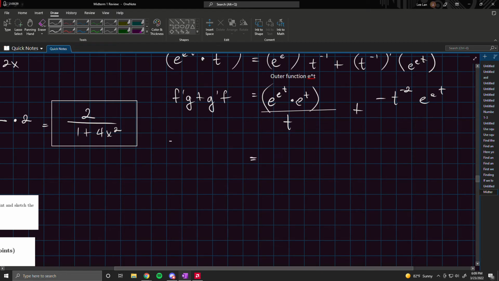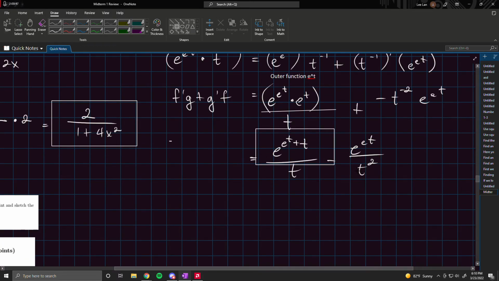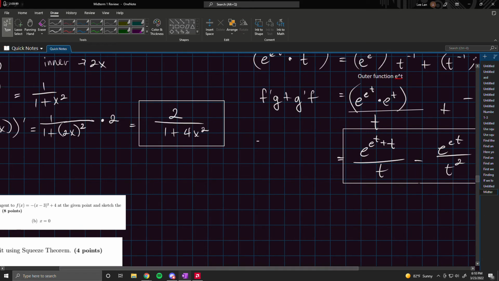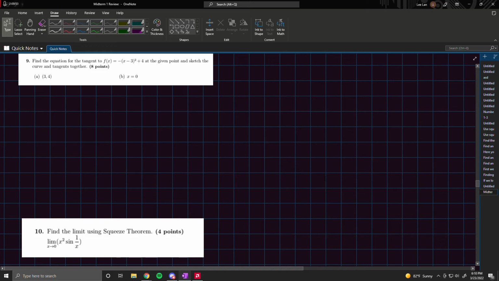And then I can combine these, e to the t plus e to the t all over t, and then I could subtract because of this minus sign, e to the t all over t squared. And I'd call that good. Good enough. Okay, number 9.